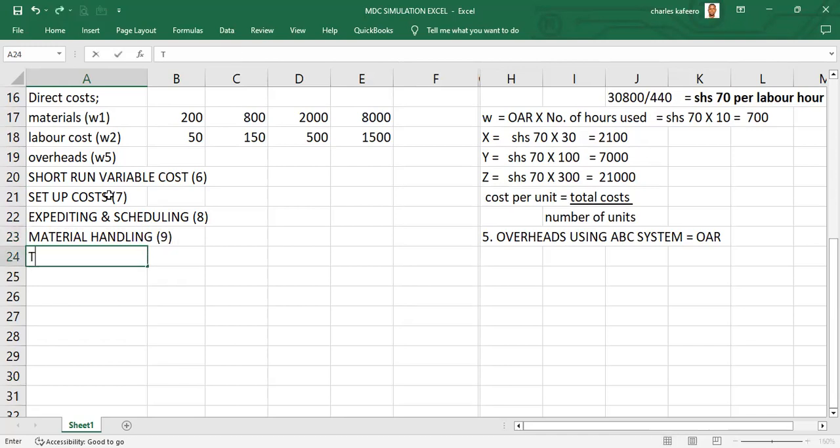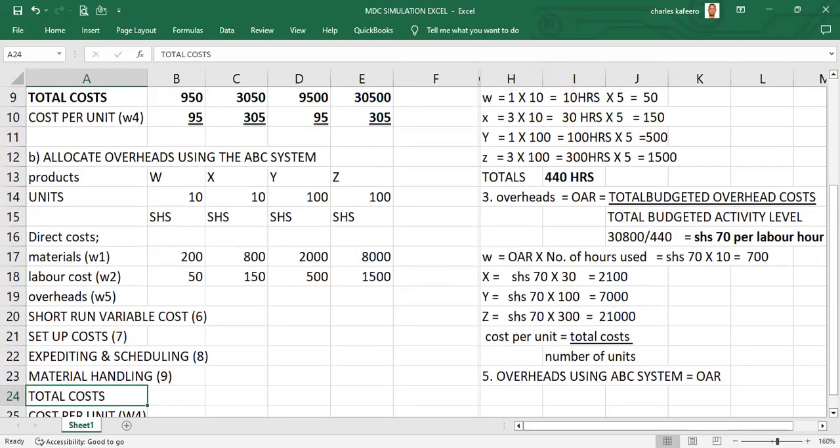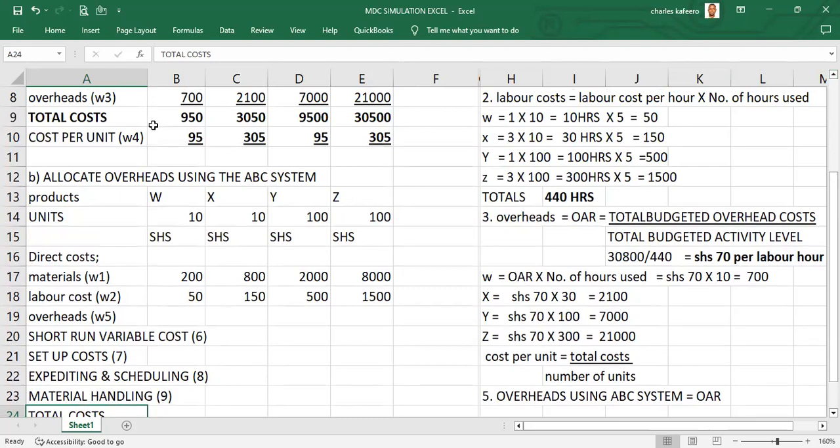And there we shall get the total costs. Then we also get the cost per unit. And this cost per unit is going to come using the same formula like the way we did in working 4. So when we compute all of these, that's what we will see as the difference.